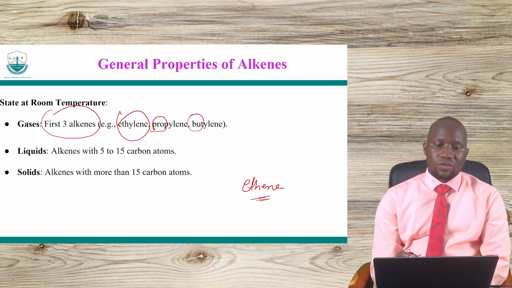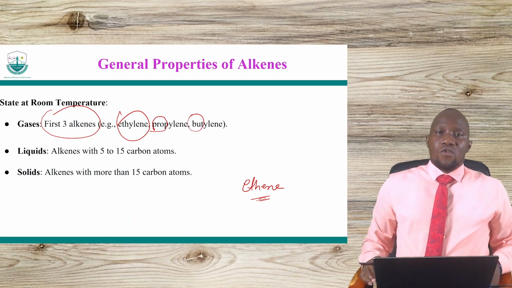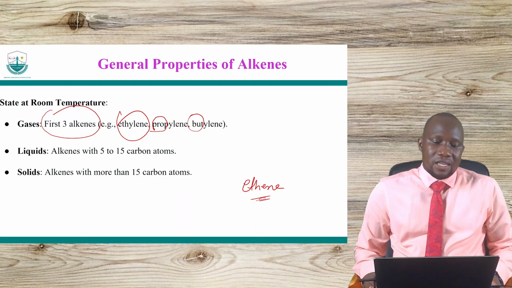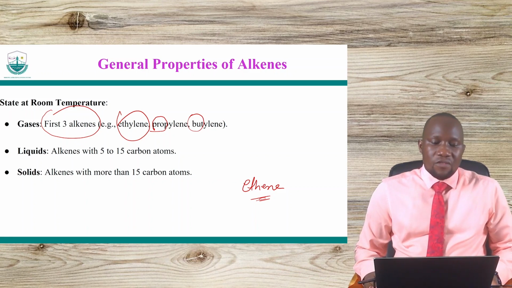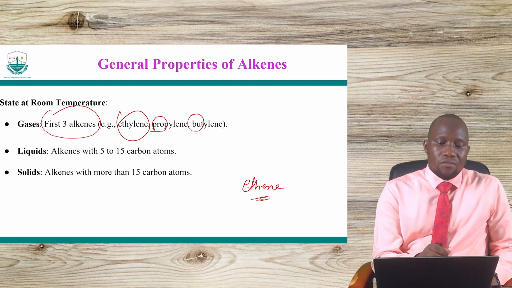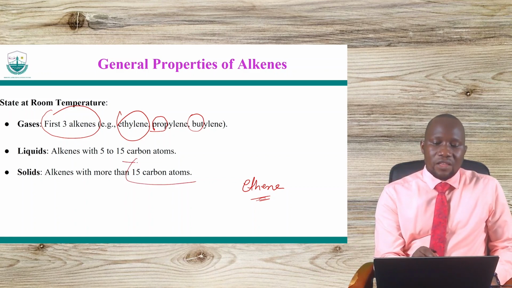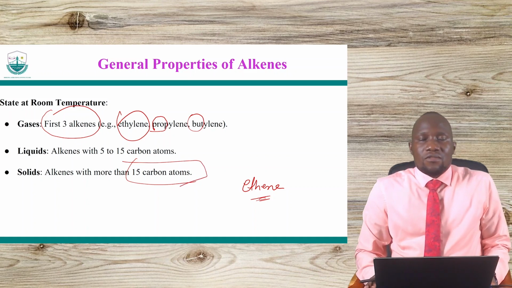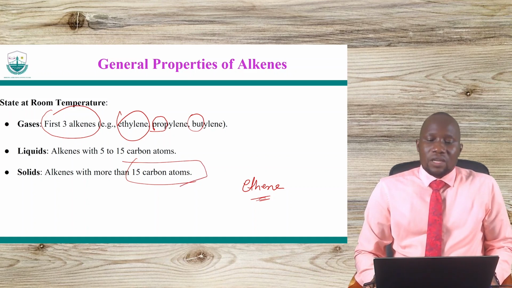The first 3 members of the alkenes are gases. From alkenes with 5 carbon atoms to 15 carbon atoms, they are liquids. And if you have an alkene with more than 15 carbon atoms, then definitely that one is going to be a solid.